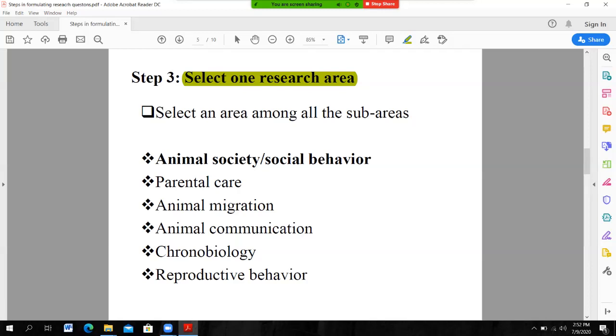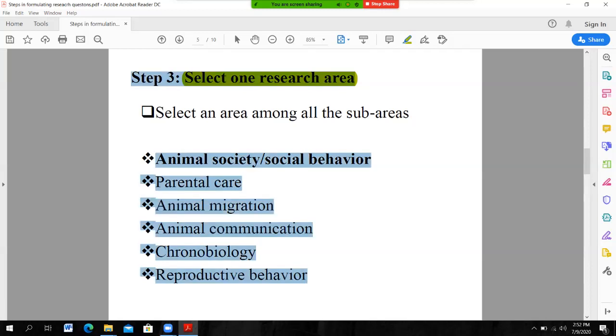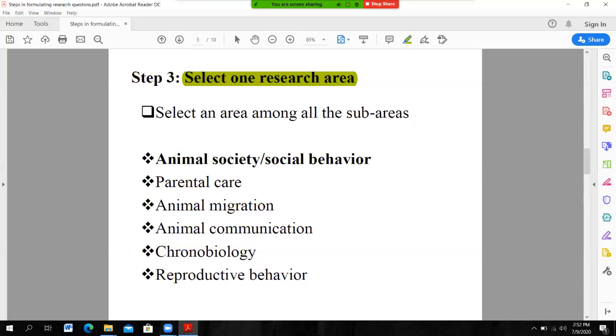He can select social behavior, they can also select parental care, animal migration, animal communication. But remember that always select one sub area for the research project. Let's suppose we select animal society or social behavior for the research project.